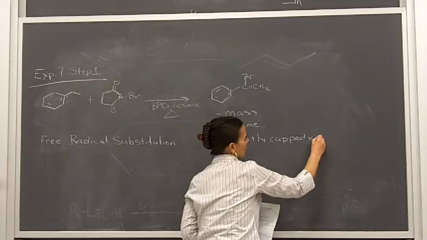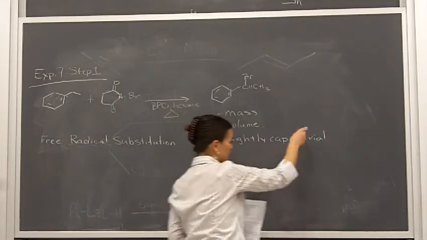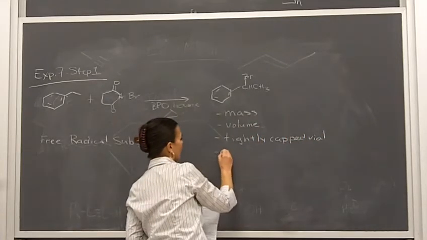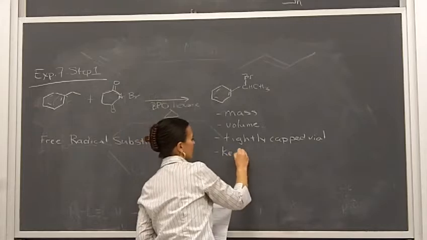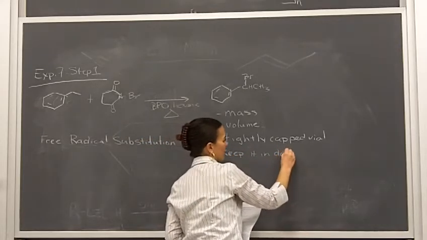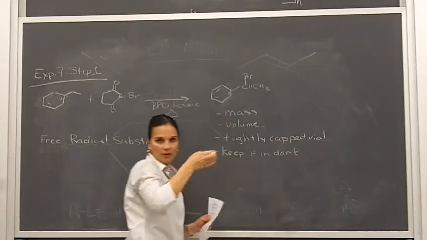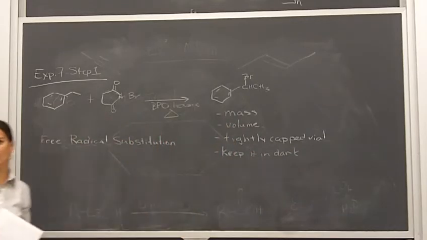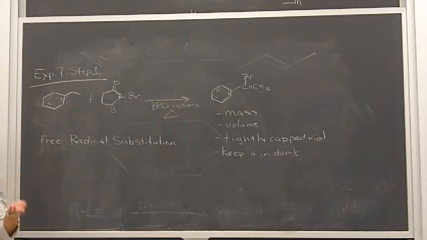Even while, we'll talk about here in a little bit, there's some tests you're going to do, you still want it in that vial while you're doing that. And then eventually, you're going to keep it in the dark. So put it at the back of your hood in a beaker where it's going to be safe, and keep it in the dark as much as possible. Write down what it looks like.